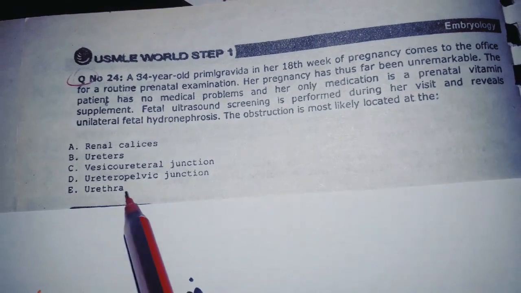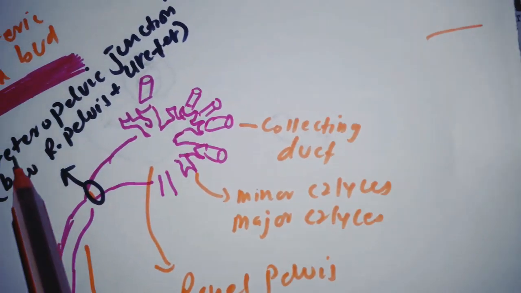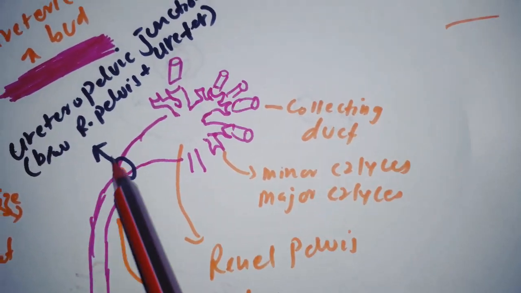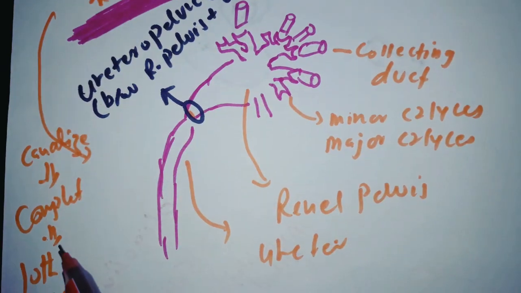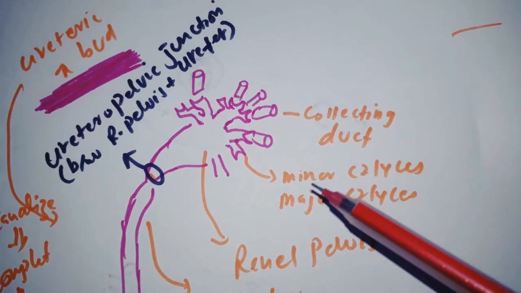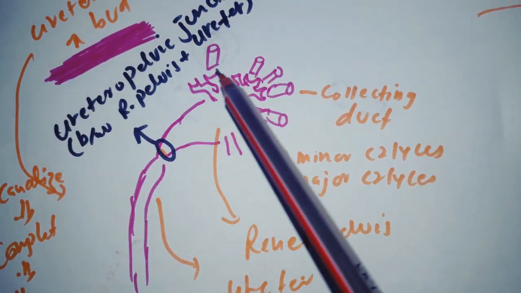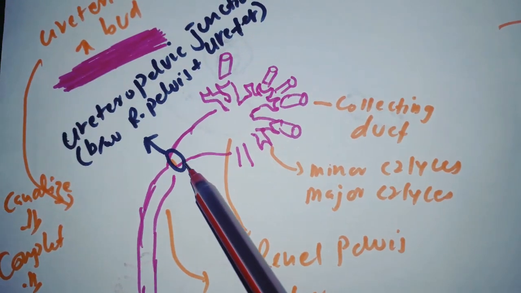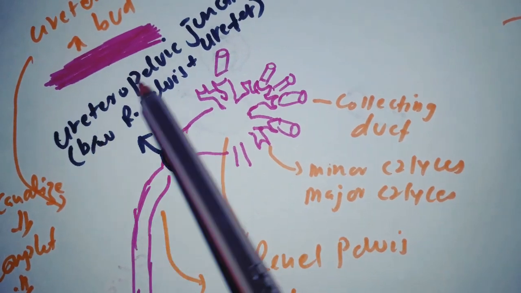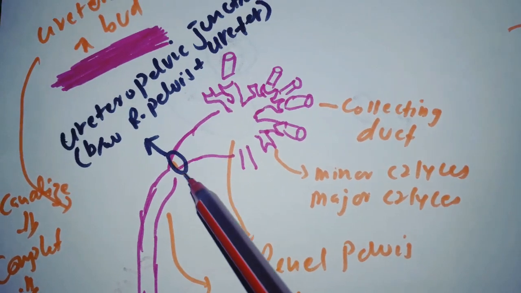ureteropelvic junction, or urethra. As I already explained, first of all the ureteric bud is solid, and then canalization occurs in this ureteric bud, and the canalization is completed at 10 weeks of gestation. The ureteric bud gives us the collecting ducts, major and minor calyces, renal pelvis and ureter. All these will canalize first, but the junction between the renal pelvis and ureter, the ureteropelvic junction, is the area that is lastly canalized.